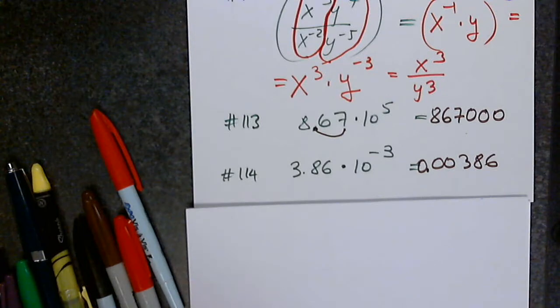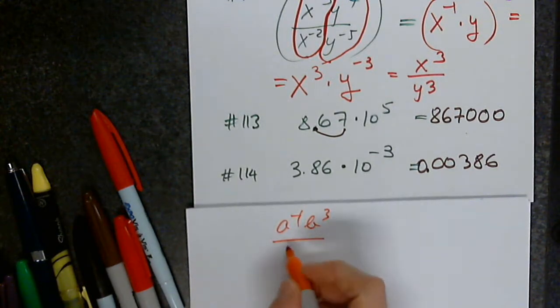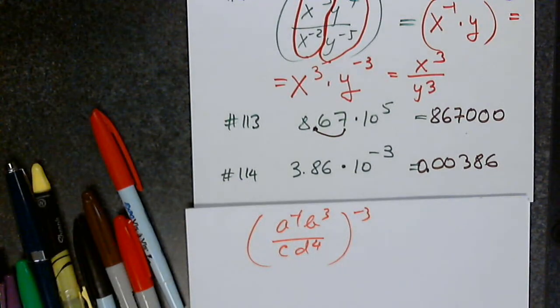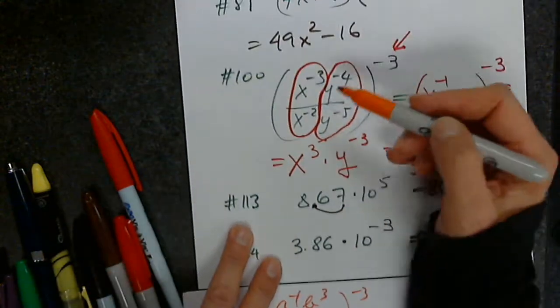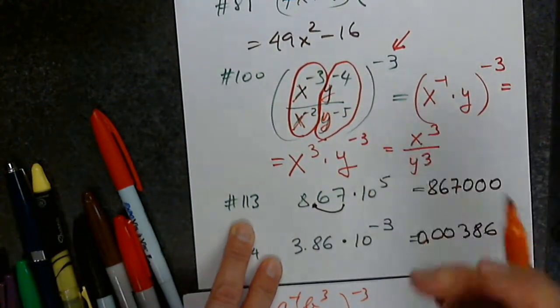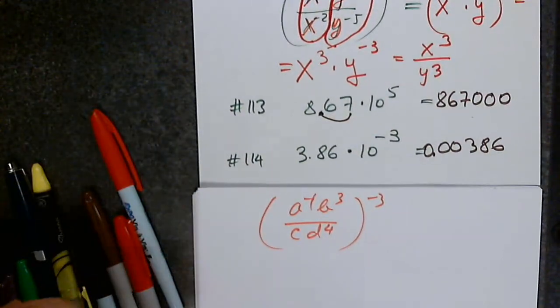Look at this situation. If I have this a to negative 1, b to the third over c, d to the fourth power, and I raise to negative 3, I have no choice. I have to raise every factor because a, b, c, and d are not common factors. But here, I have x in both, and I have y in both. I would not complicate my life there, but here I have no choice.